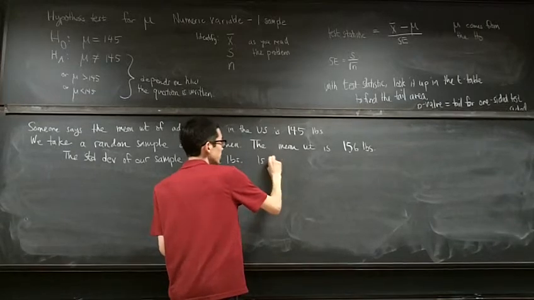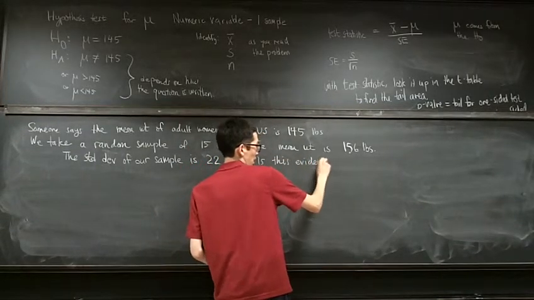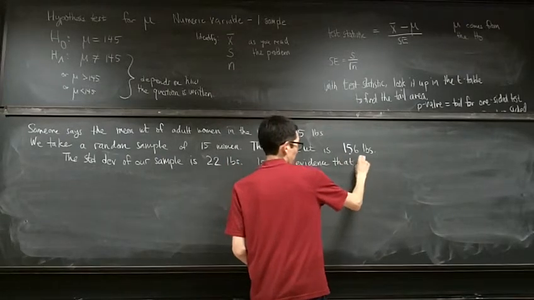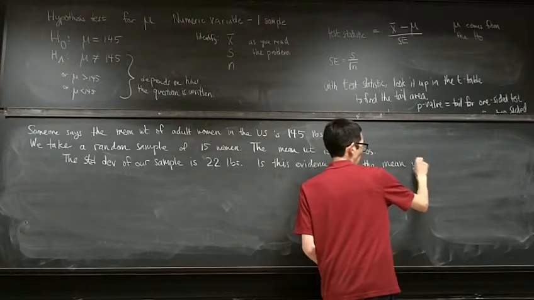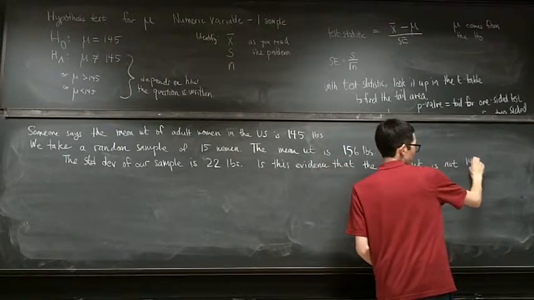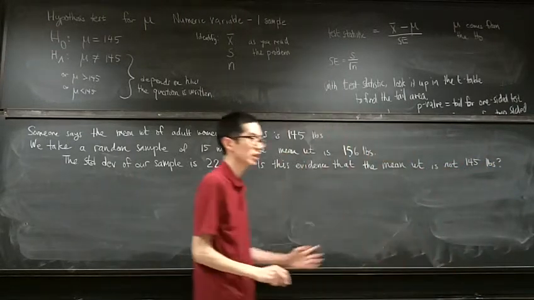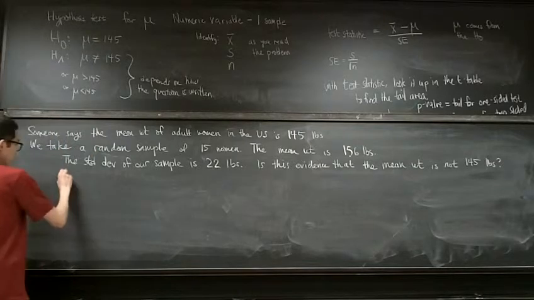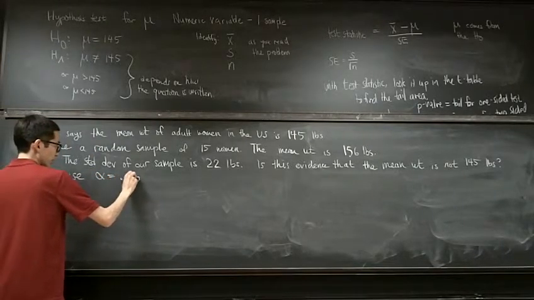Is this evidence that the mean weight is not 145 pounds? Okay. Use alpha equal to 0.05.